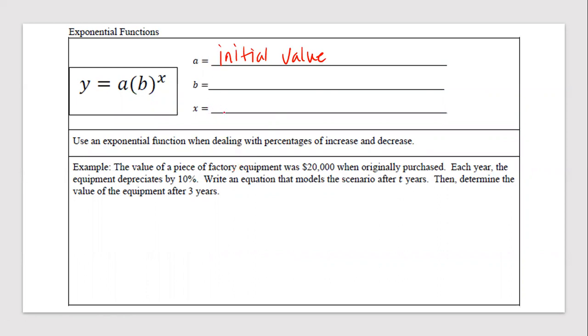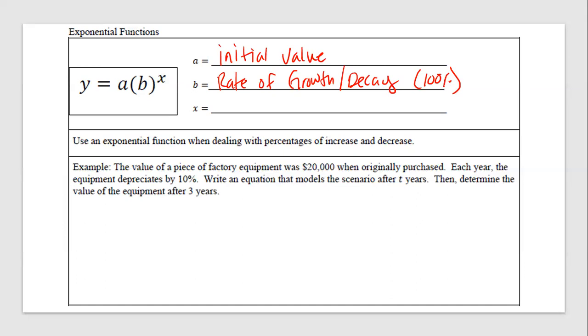Does anyone remember what our b is? Our growth rate. It's either our growth rate or decay, so it's our rate of growth or decay. Okay? And it's always going to be subtracted from or added to 100%.